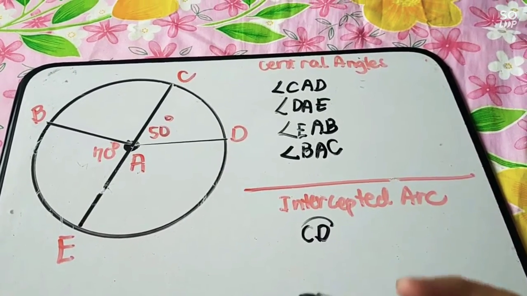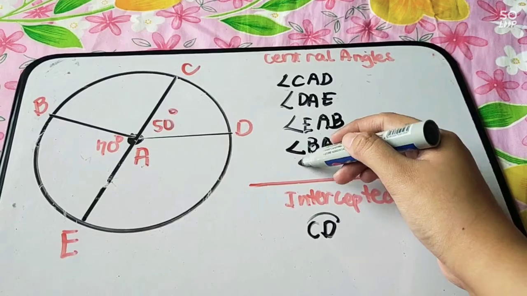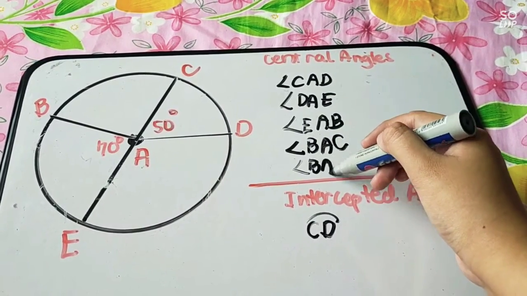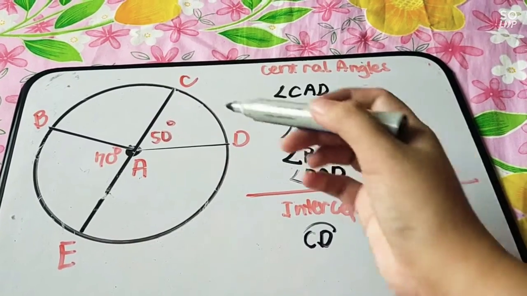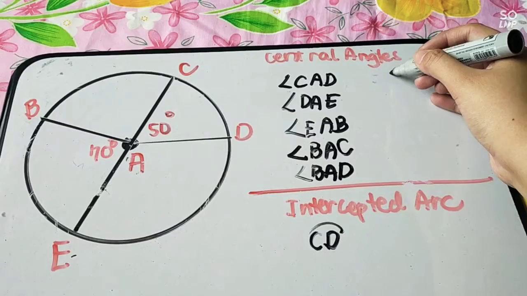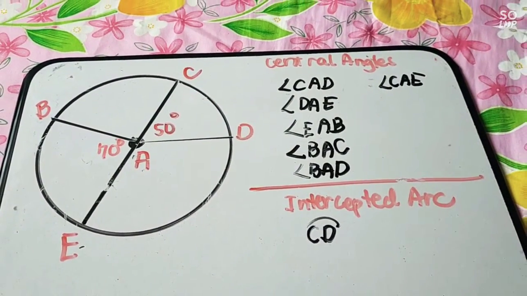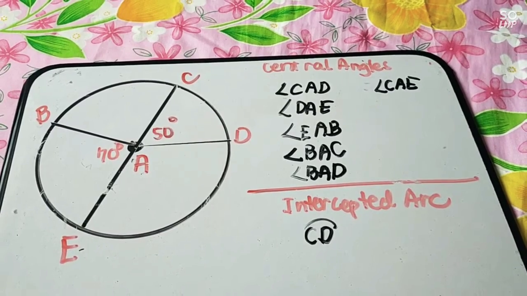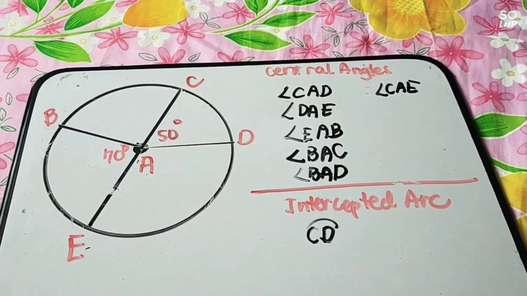Ano pa? We have angle BAD. Ano pa po ang ating central angle? We have angle CAE. Meron pa ba? Okay, so yan na yan. That is your central angles.